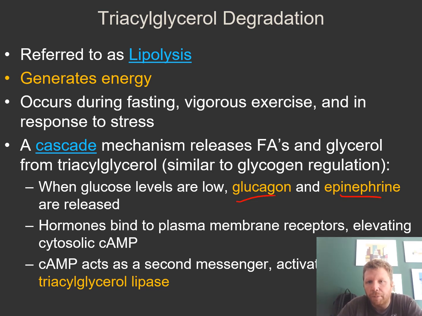Glucagon and epinephrine are released. These hormones bind to plasma membrane protein receptors, elevating cytosolic cyclic AMP. Cyclic AMP acts as a secondary messenger, activating triacylglycerol lipase. That name lipase is similar to a phosphatase. What it's going to do is cleave off a lipid, much like a phosphatase cuts a phosphate off.